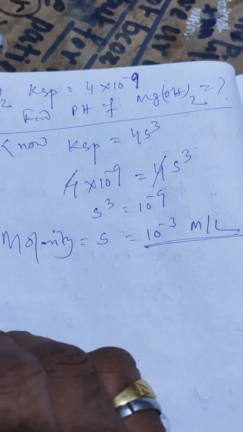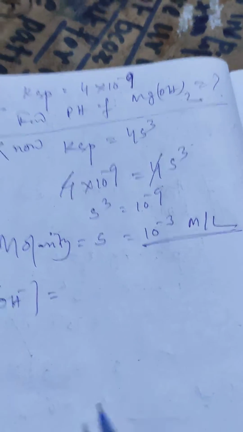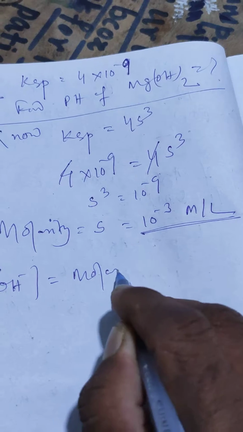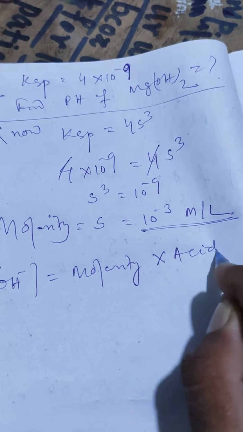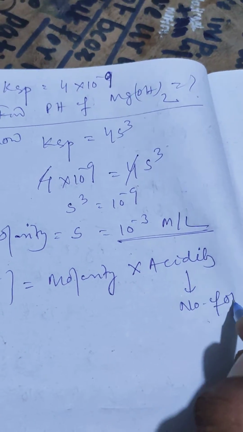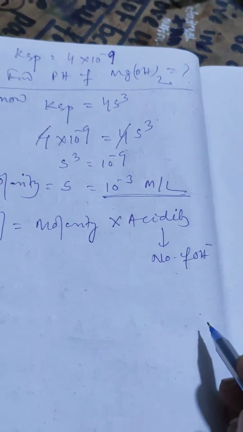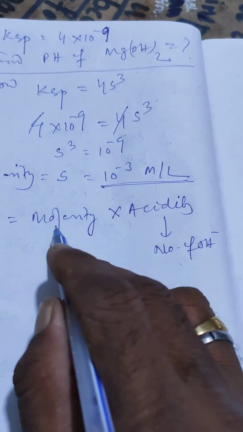Okay. So you know the OH minus concentration is equal to the molarity of the base into the acidity. Acidity means the number of OH minus ions given by the base.